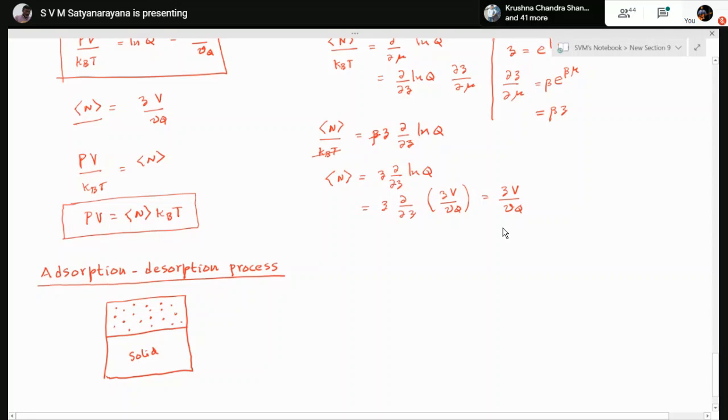Now what happens is that some gas molecule can adsorb onto the solid matrix, or some solid atom from the crystal can dissolve into the gas phase. So when there is a transfer of particles from this phase to this phase, we call that adsorption. And if there are particles that are going from solid to gas, then we call it desorption.